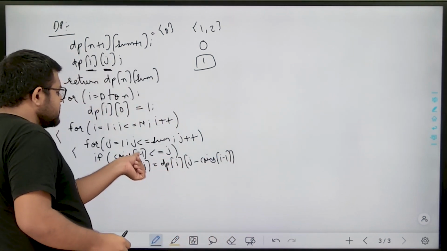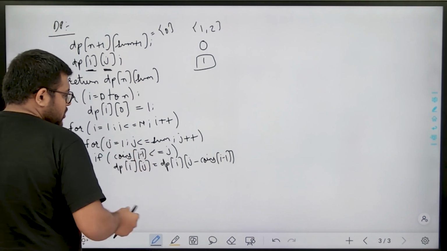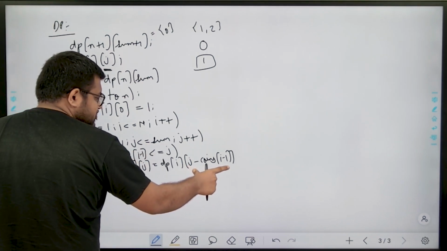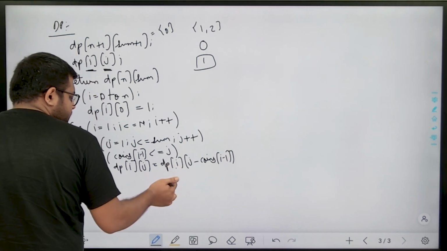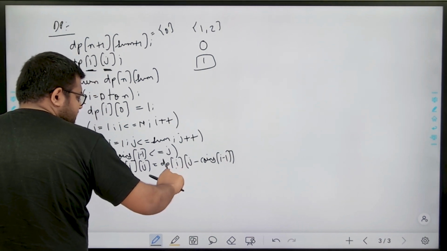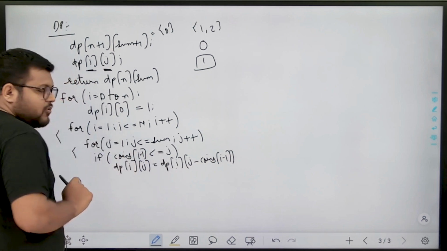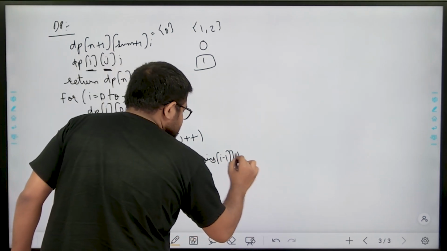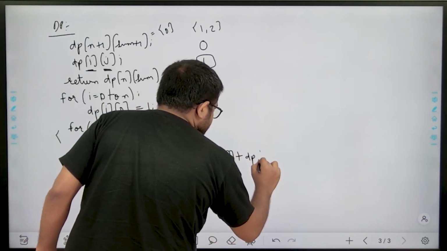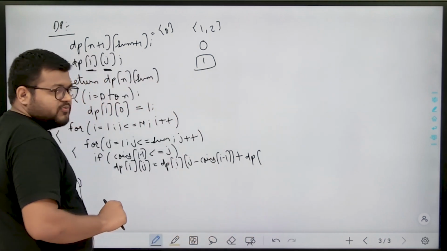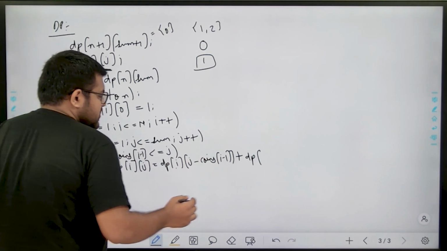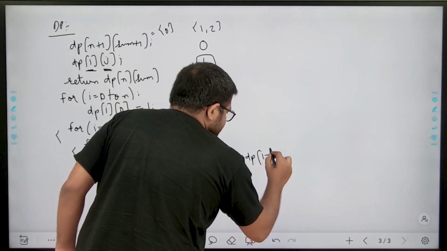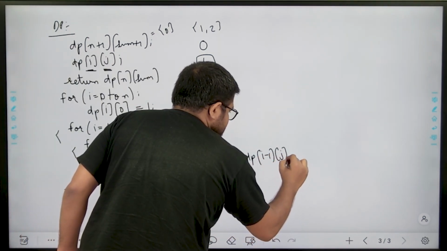Suppose I considered the ith coin, the i minus 1th coin, so the remaining sum would be j minus coins of i minus 1, and I need to count the number of ways to reach this sum up till coin i, plus dp of i minus 1 and j, where I do not want to consider that coin.